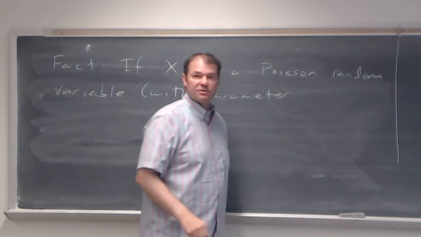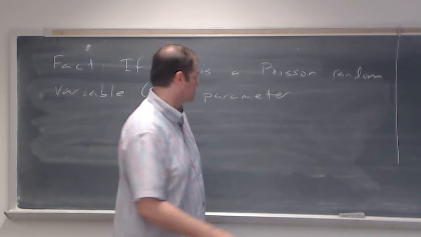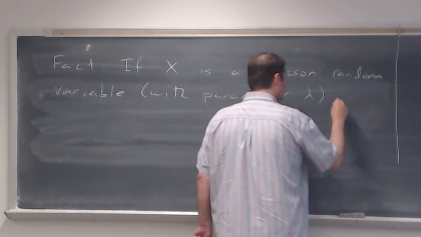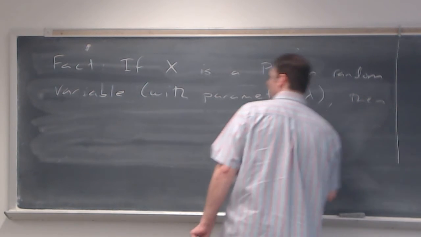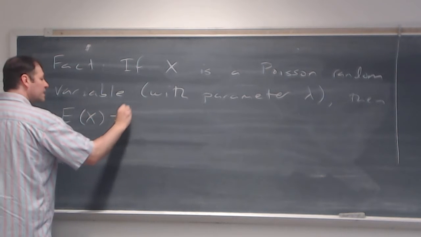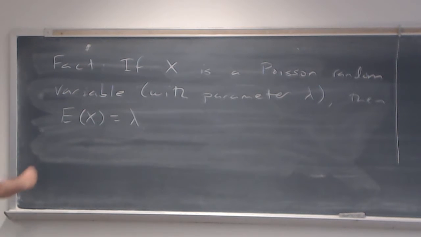What distinguishes Poisson random variables among themselves is the value of lambda, with parameter lambda. Then the expected value of X is also equal to lambda. Let's prove this fact.